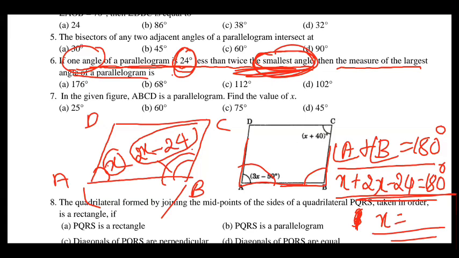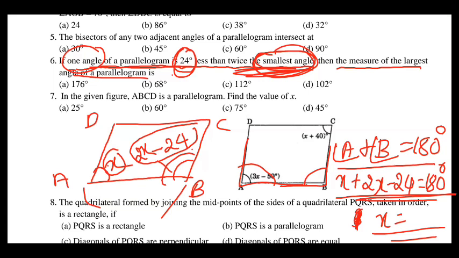So x is equal to what? Is it 3x minus 24 is equal to 180 degrees? 3x is equal to 180 plus 24. x is equal to 180 plus 24 divided by 3.